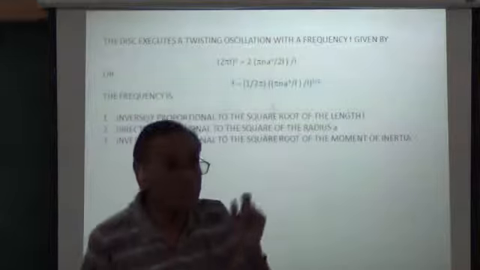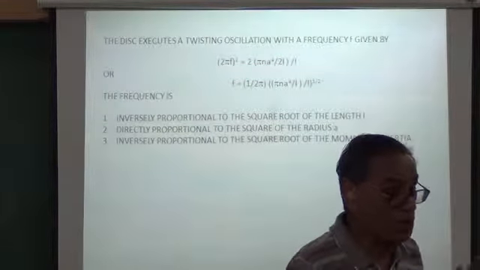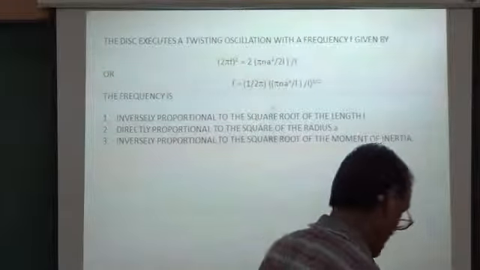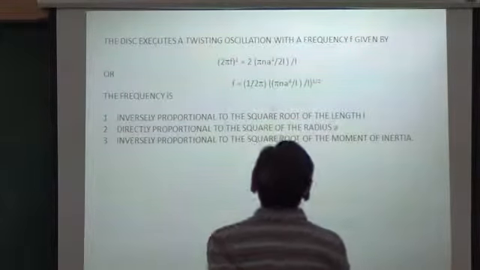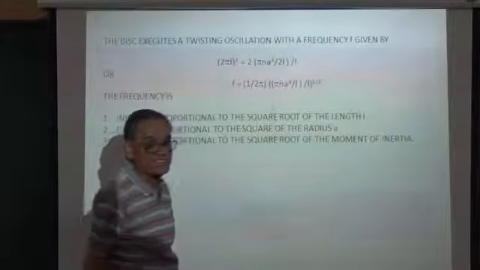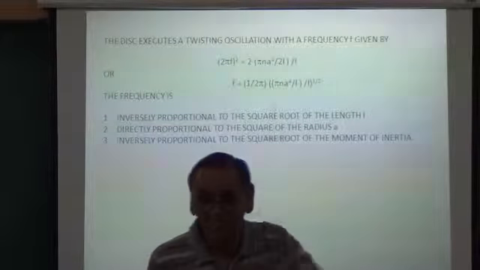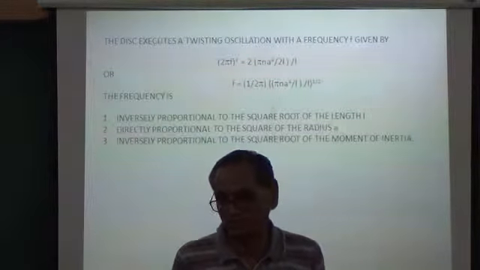That means if you make the radius double, the frequency will go 4 times. And it is inversely proportional to the square root of the moment of inertia. To increase the moment of inertia, the frequency will come down.